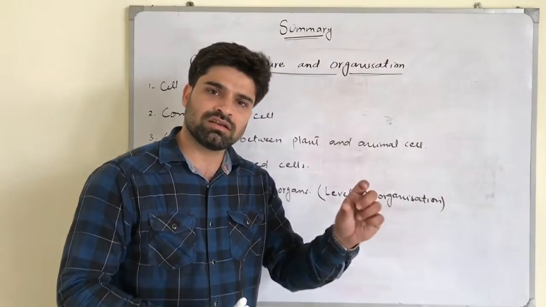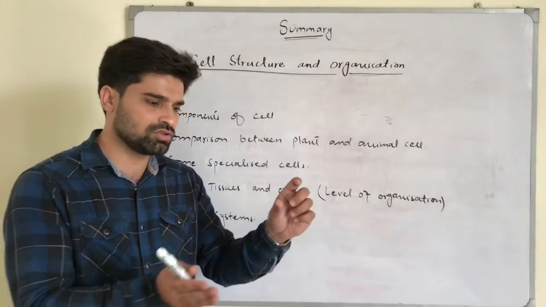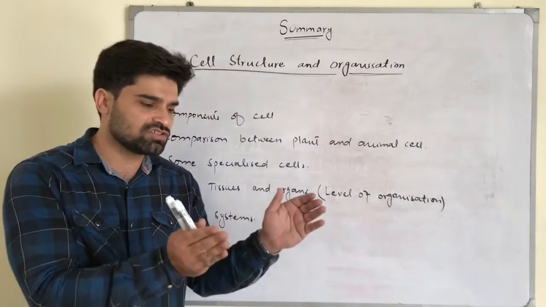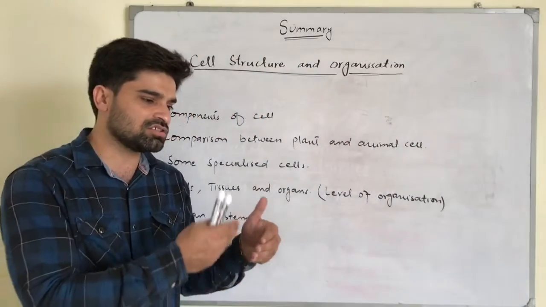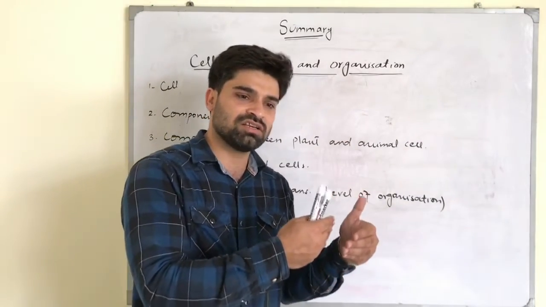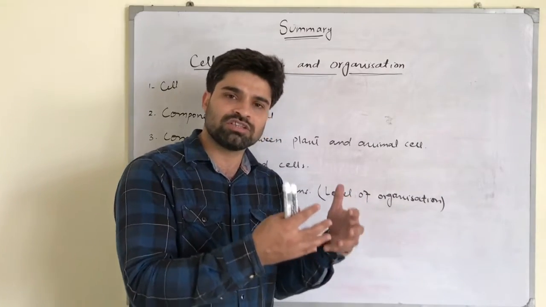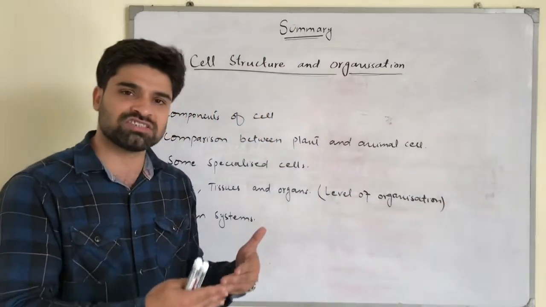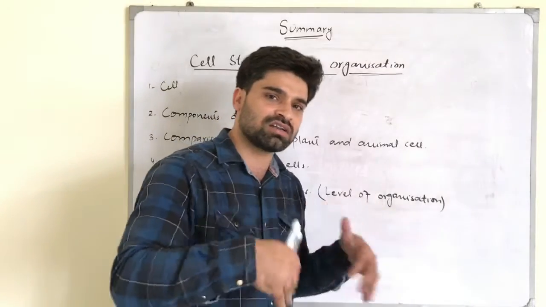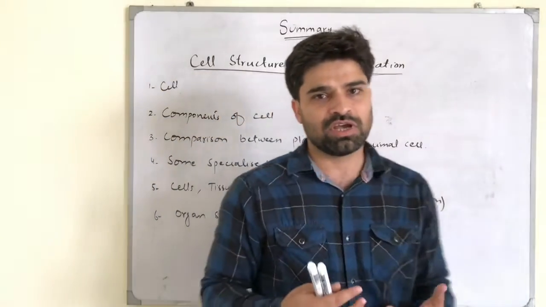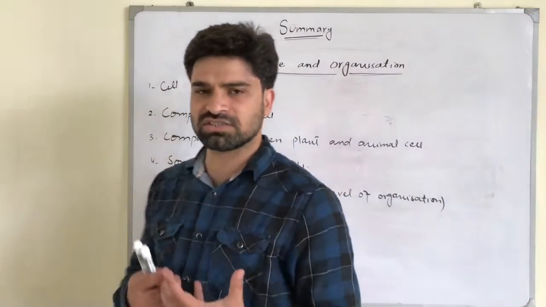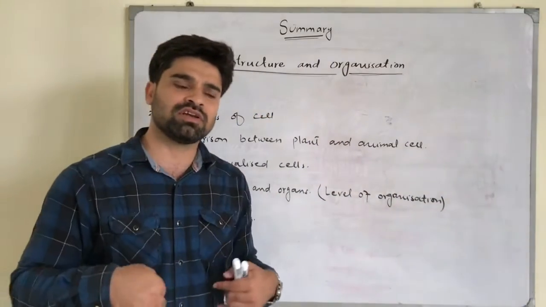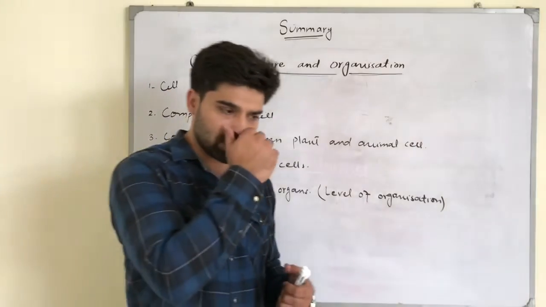Specialized cells unite together to form tissues, same kind of tissues unite together to form organs, and different organs work together to form organ systems, and all the organ systems within a body form an individual.